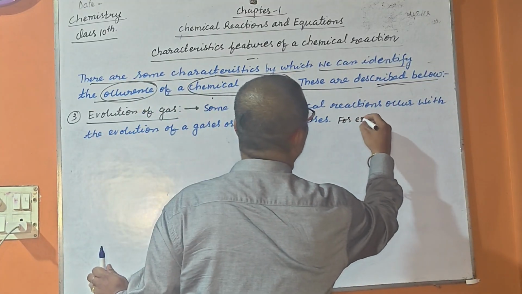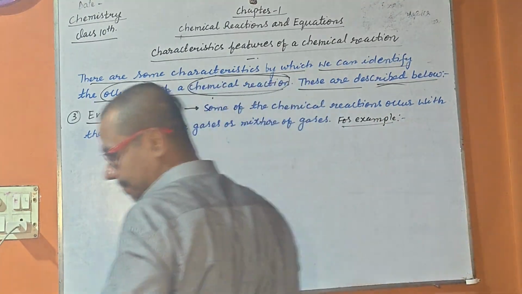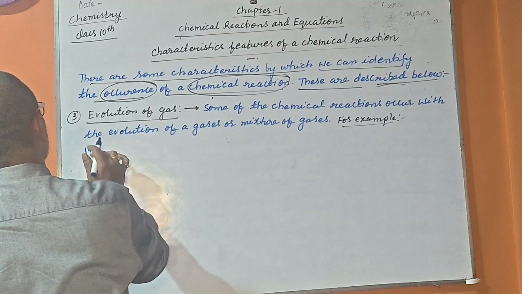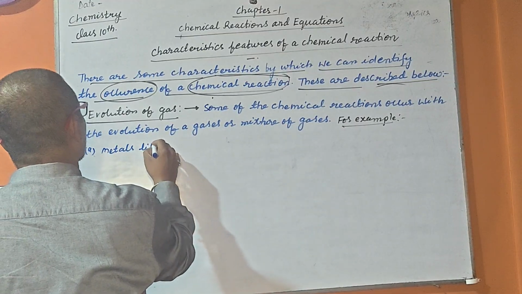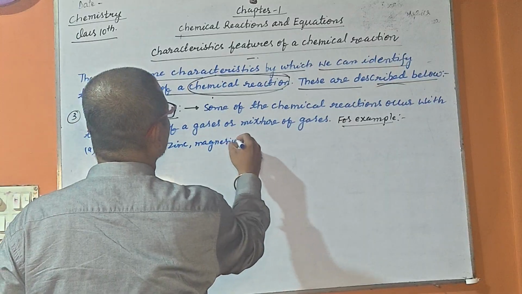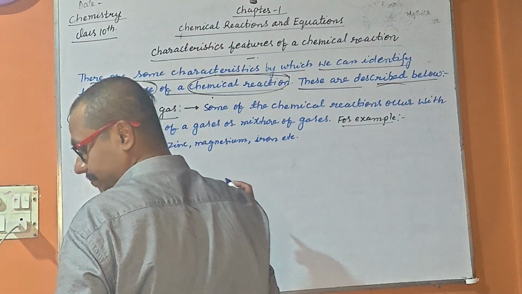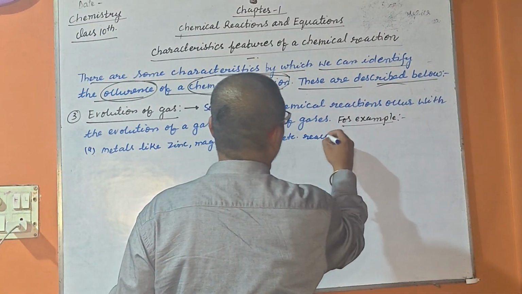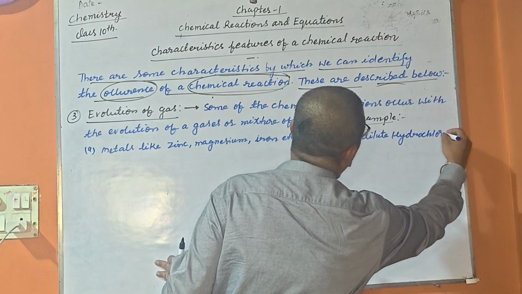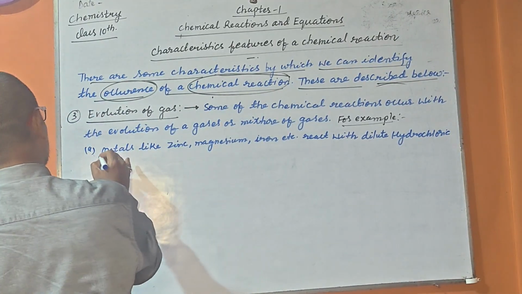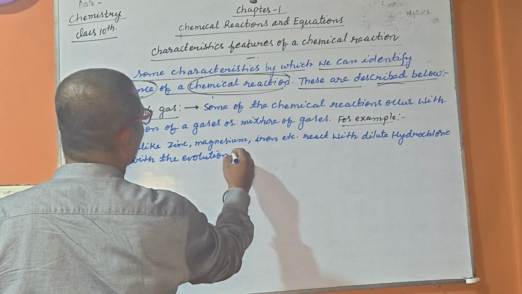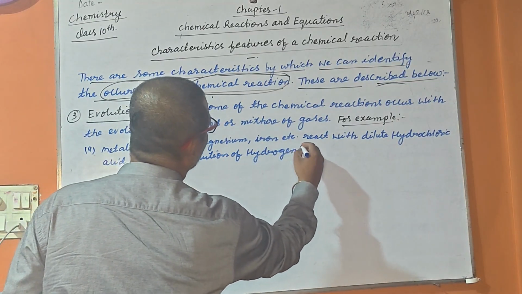Metals like zinc, magnesium, iron, etc. react with dilute hydrochloric acid with the evolution of hydrogen gas.